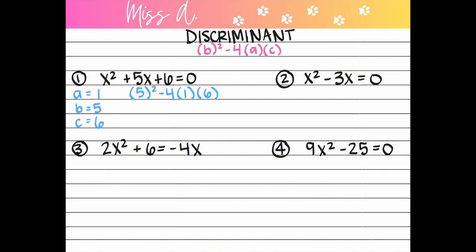I don't have one right now, so I'm going to simplify it piece by piece. 5 squared is 25. And then 4 times 1 times 6 is 24. So 25 minus 24 gives me 1. There is my discriminant of this quadratic equation.